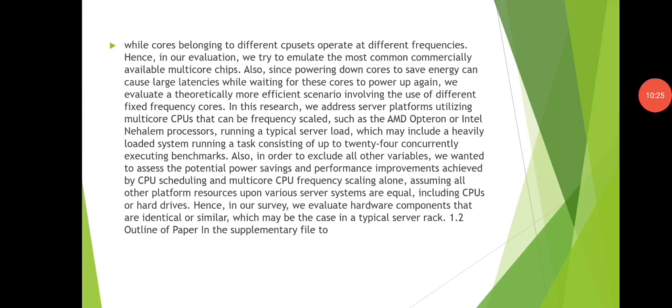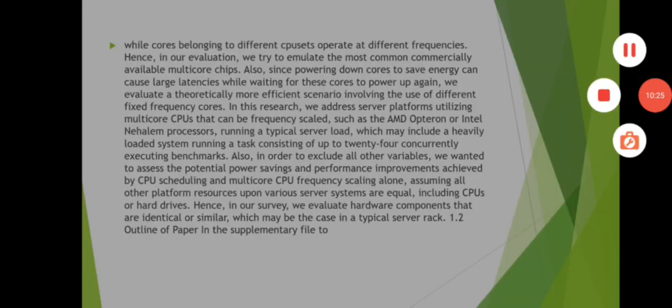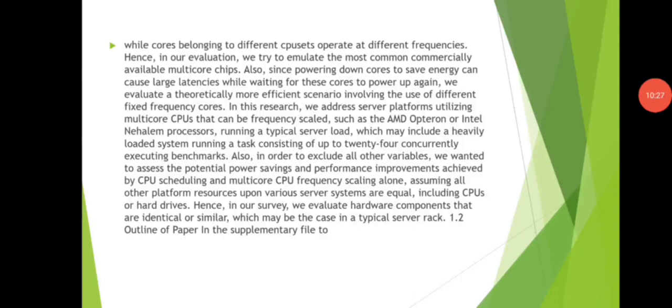In this research, we address server platforms, utilizing the same executing benchmarks in order to exclude other variables. We want to assess potential power saving and performance improvement on our hardware devices.